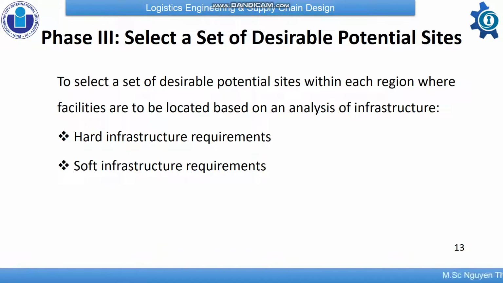What are they? The hard infrastructure requirements include the availability of suppliers, transportation service, communication, or warehouse facility. The soft infrastructure requirements include the availability of skilled workforce, the workforce turnover, or the community receptivity to business and industry.